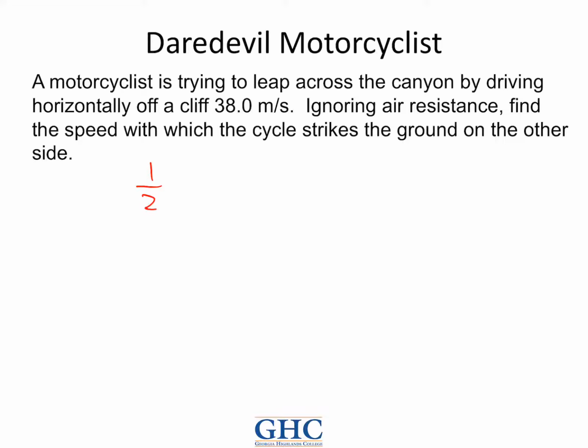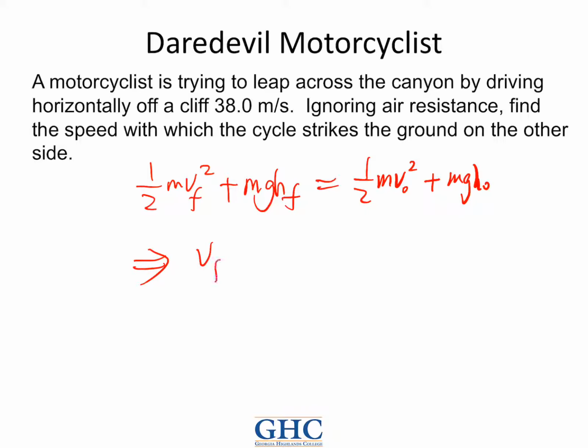Final mechanical energy, which is final kinetic energy plus final potential energy, equals initial mechanical energy, equals initial kinetic energy plus initial potential energy. Now by solving this equation, we should have final velocity equals 46.2 meters per second.